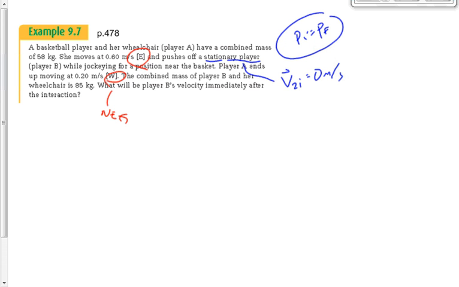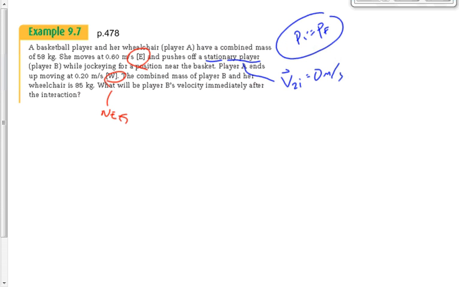You know what kind of bugs me a little bit about this? In terms of wording, the combined mass of player B in a wheelchair. It says what's player B's velocity? It's almost kind of trying to trick us into thinking the wheelchair is an object and the player is an object, right?